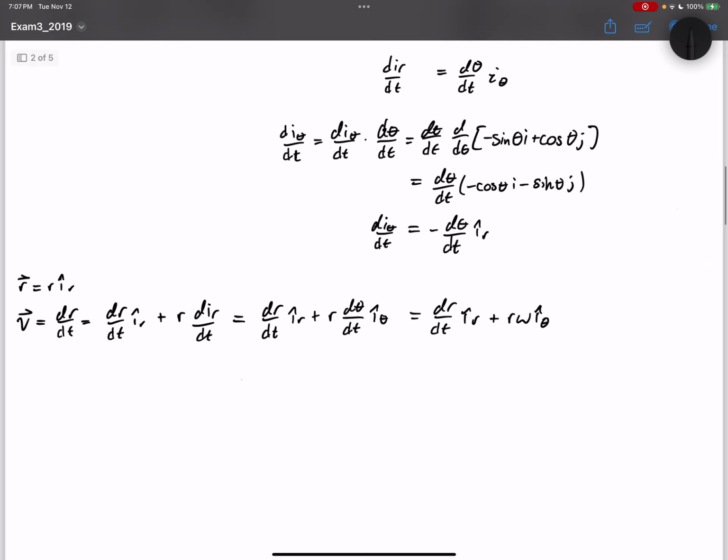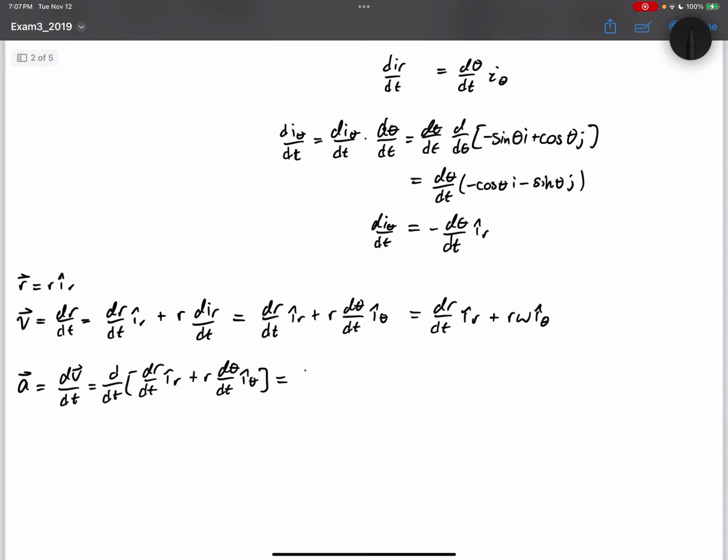And then we take acceleration. Acceleration is the derivative of velocity. So we're going to take the derivative of dr/dt i_r plus r d theta/dt i_theta.